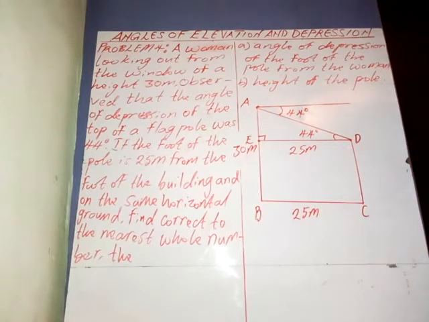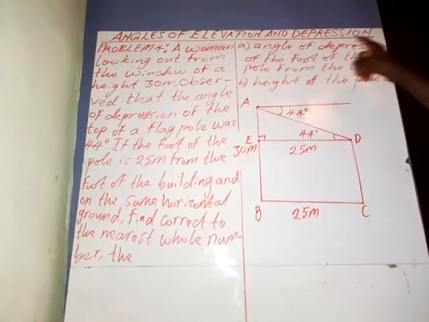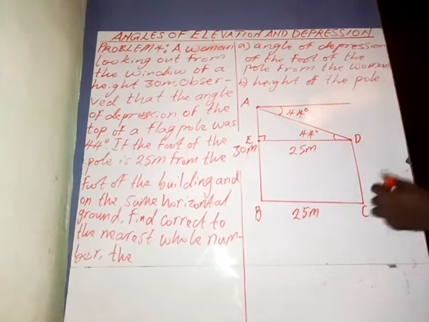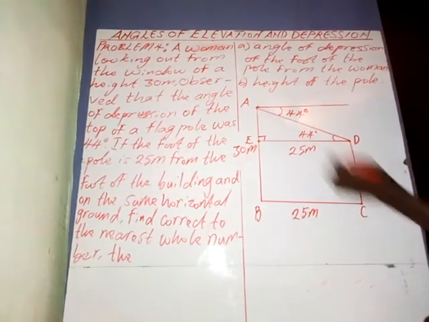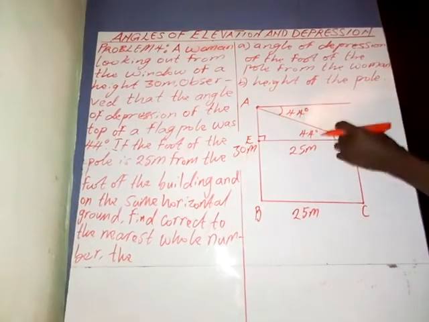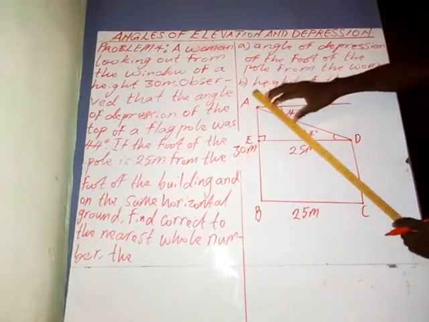All right. Now, this is the diagram, but we are not done yet, because question A says that we should find the angle of depression of the foot of the pole from the woman. This is the foot of the pole, and the woman is standing here. So I need to draw a line from here.